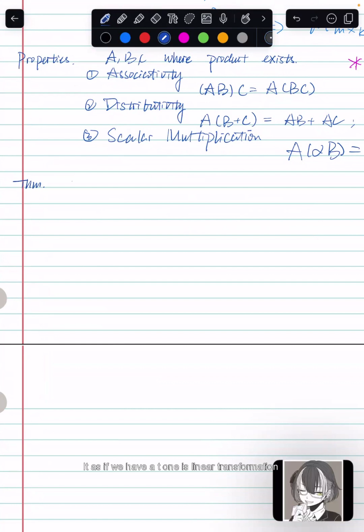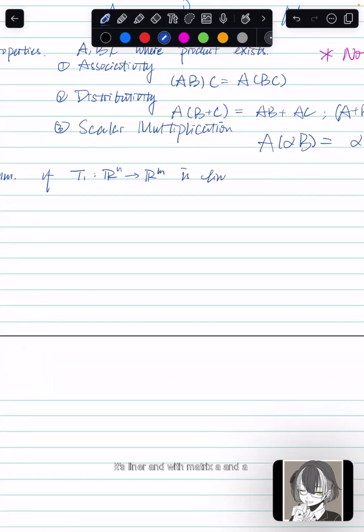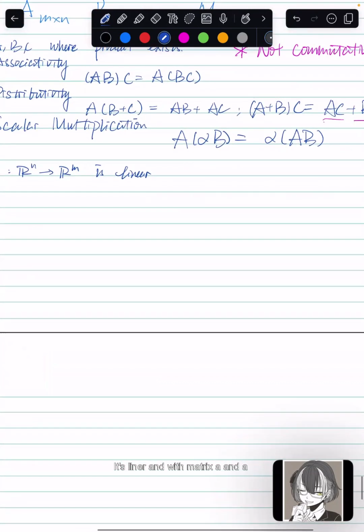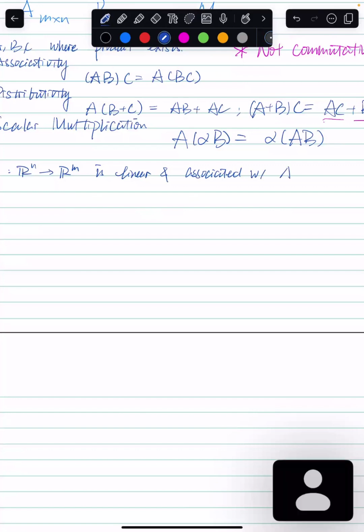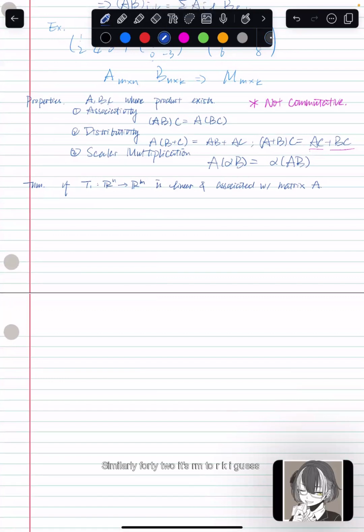It says if T1 is a linear transformation that maps from, again, Rn to Rm, and is linear with matrix A. Similarly, for T2, it's Rm to Rk, I guess. Again, it's linear and associated with matrix B.